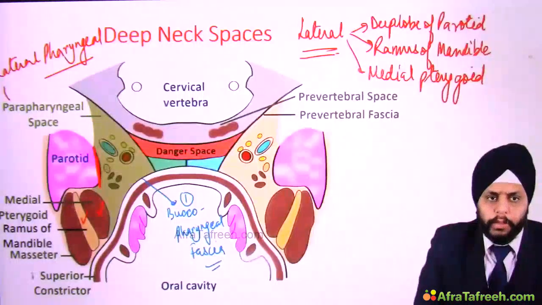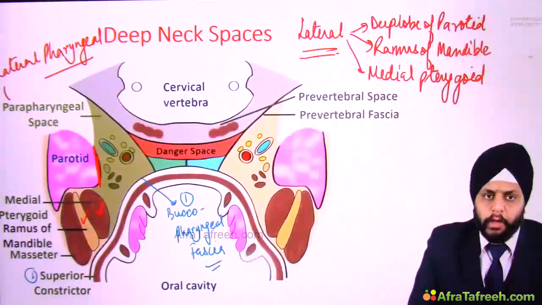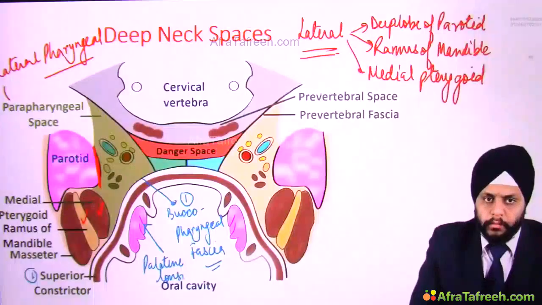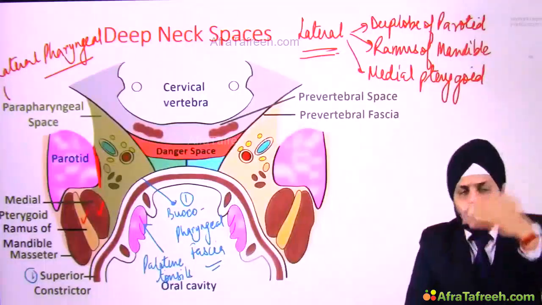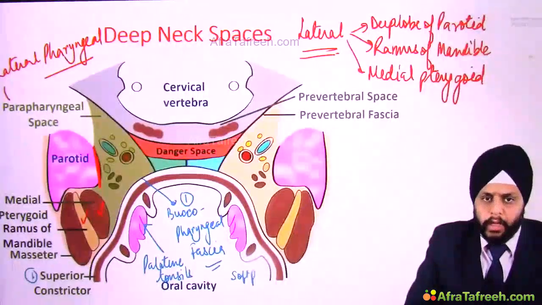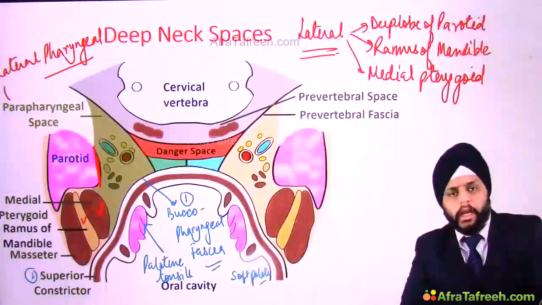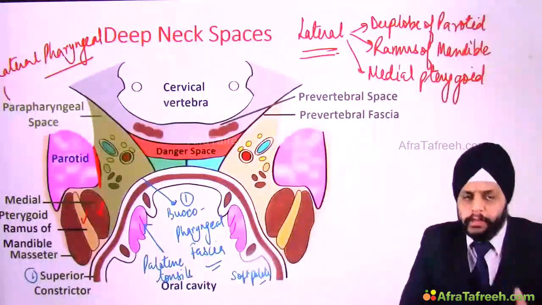We have the superior constrictor muscle. And then what else do we have? On the medial aspect, we have the palatine tonsils, and superiorly, what we cannot see over here, we also have the soft palate. So these structures form the medial boundary of the parapharyngeal space.